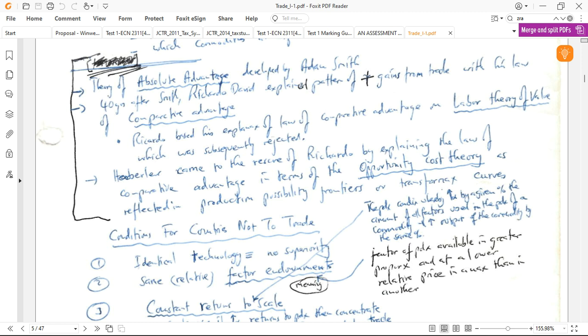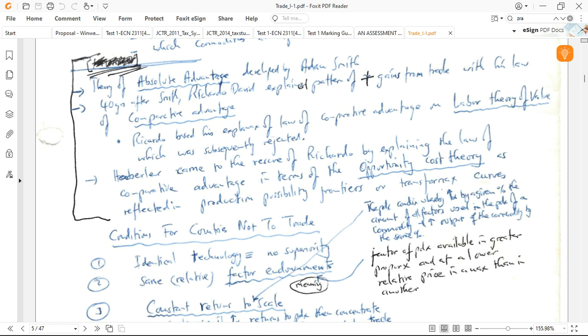But here's the catch. Every time he's asking you to explain competitive advantage, do not forget this important point: Ricardo used the labor theory of value, which was later rejected for reasons that we're going to discuss.